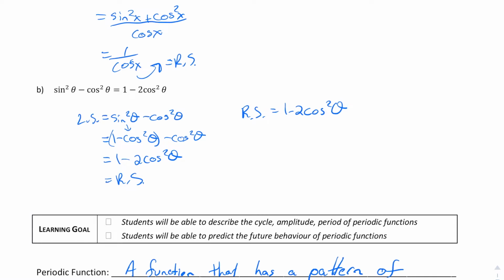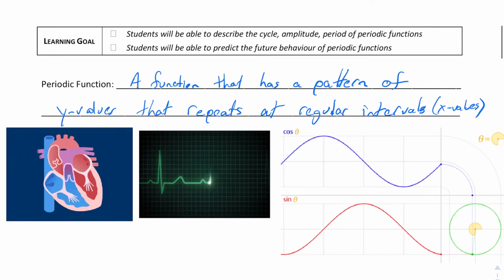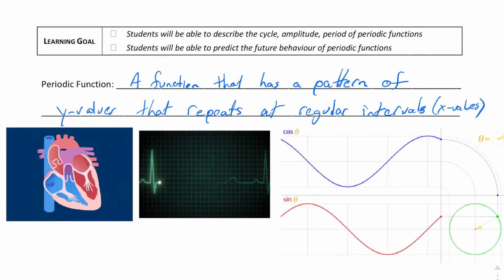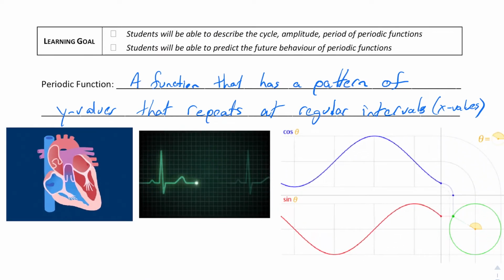And these regular intervals are really referencing the x values, or the domain. So it's a function that has a pattern of y values that repeats itself over and over and over again, basically. So, of course, why not GIF it?